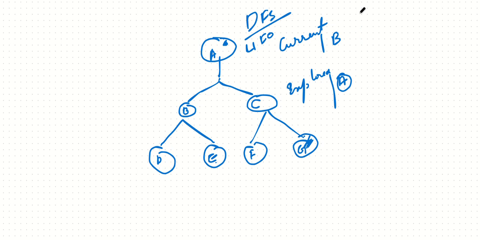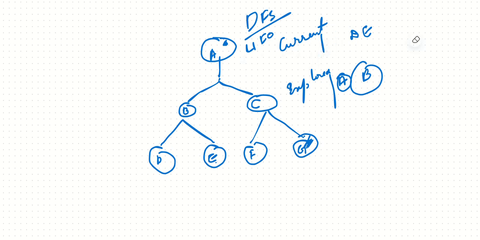The next is B. We check B, and it goes into the explored set. The next values we check are D and E, which are next to B, so we go deeper into the nodes here.